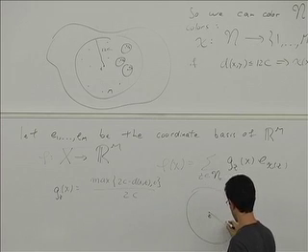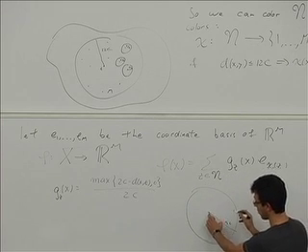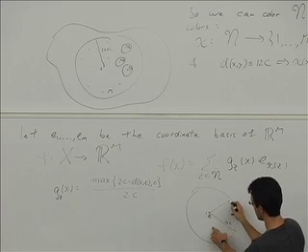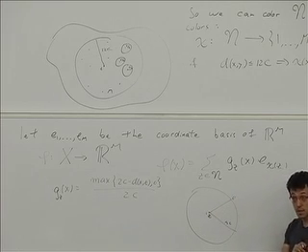So if I draw a ball of radius 2c, and I look at the function which is 1 here, and decreases linearly to 0. That's it.